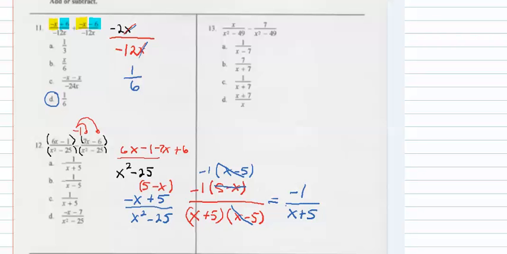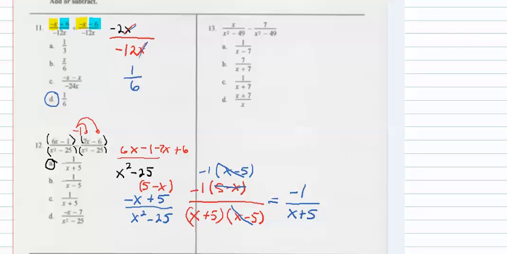And so is there an answer that has a negative 1 over x plus 5? And it looks like number 12 is going to be letter A. Let me find my cursor. That's the right answer. So a little bit of work there, factoring at the bottom, recognizing that's a special case, working through until you can find something that cancels and it matches an answer choice.